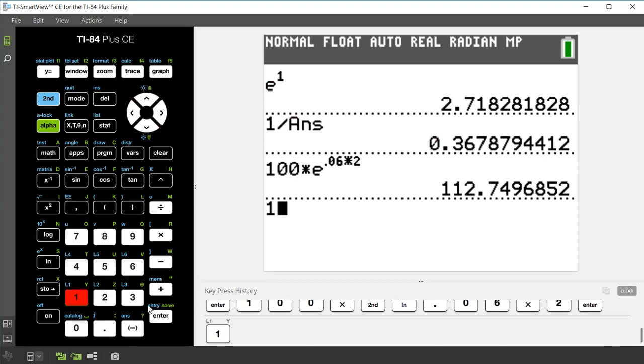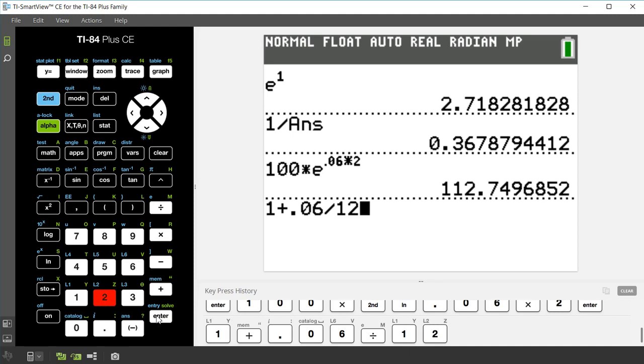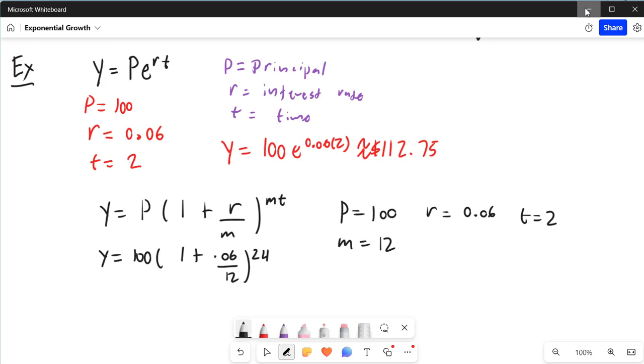So let's say we look at the interest, 0.06, divided by 12. That's 1.005. The only reason I do that is so that you can see this is 1.005, and that's raised to the 24.